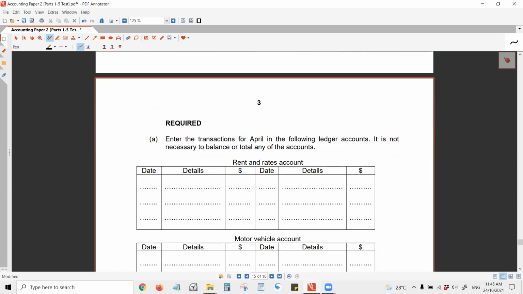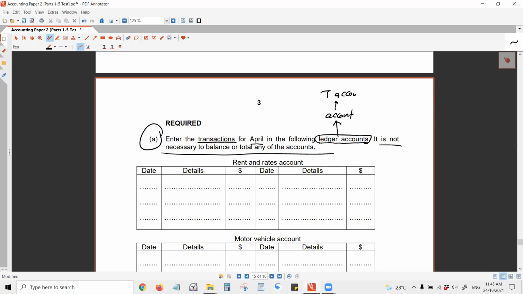Now I'm not going to do it with you here. I'm just going to guide you on how to do it. Question A, enter transactions for April in the following ledger accounts. It is not necessary to balance or total any of the accounts. Some revision here. Ledger account also means account. It also means T account.